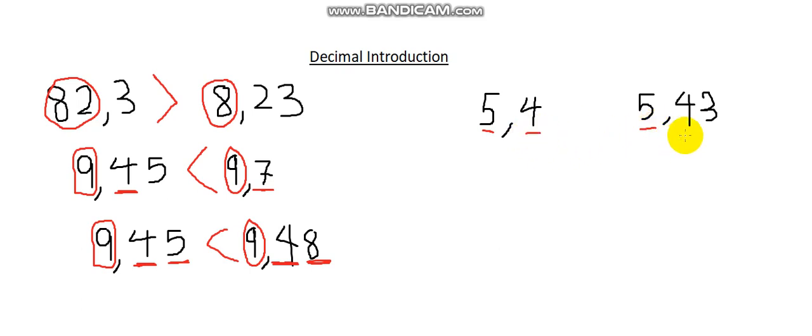I compare the 4 with the 4, and they're the same. So now I need to move on to the next digit to the right. But the problem is, this has a 3, but this one doesn't have anything here. And as we said before, it's like there's an invisible 0 that I don't have to write, but it exists. So here, where I need to compare 3 to something, I put it back in and I compare 0 to 3. And of course, 3 is more than 0, so 5.43 is more than 5.4.